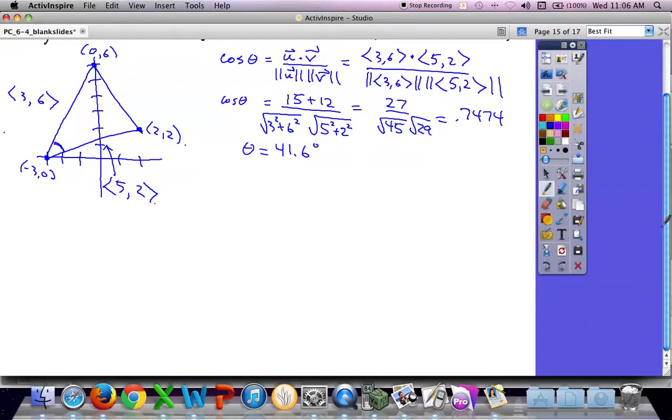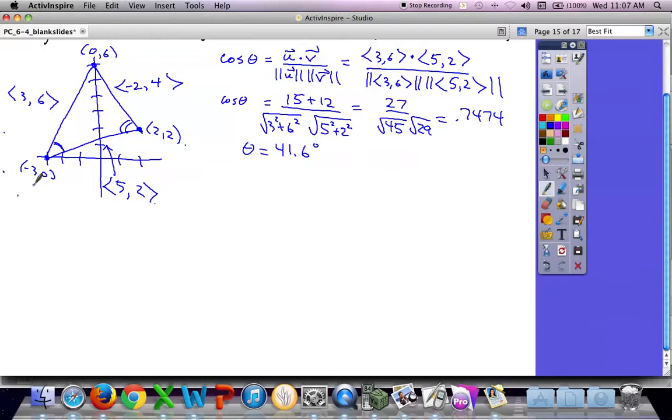Okay, let's find a second angle. How about we go for this one right here. So now we need the vectors that go from (2, 2) to (0, 6). What vector is that? 0 minus 2, negative 2, 6 minus 2 is 4. What about the vector that goes from (2, 2) to (-3, 0)?